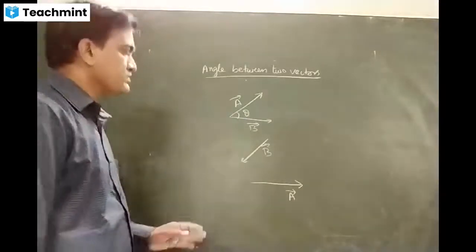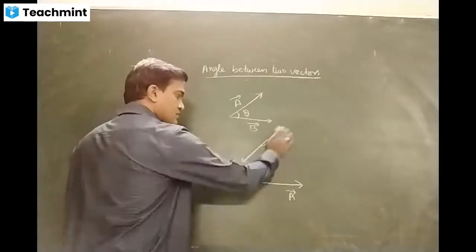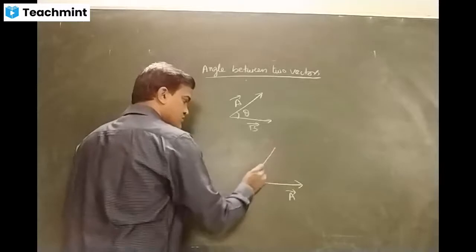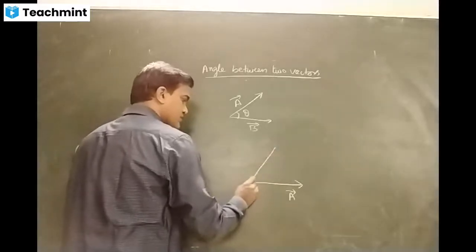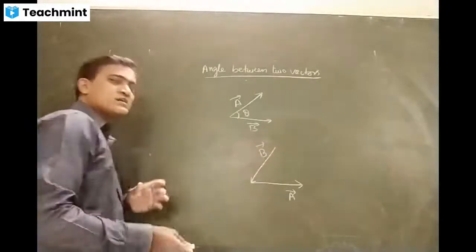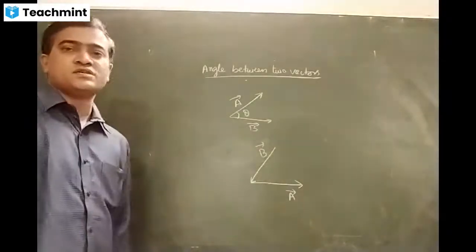So what I will do is I will join B bar, touching A bar in this way. But can I measure the angle now? I cannot measure the angle.